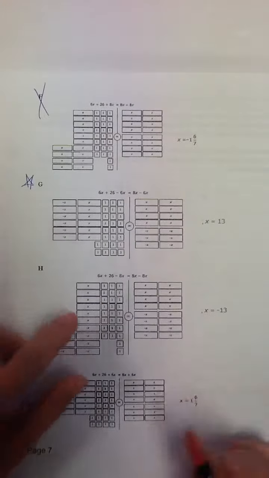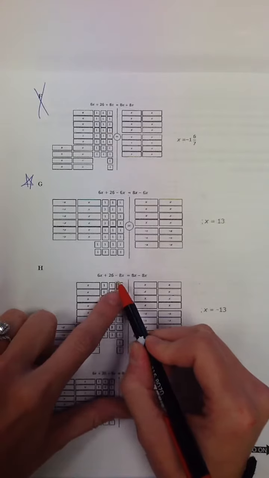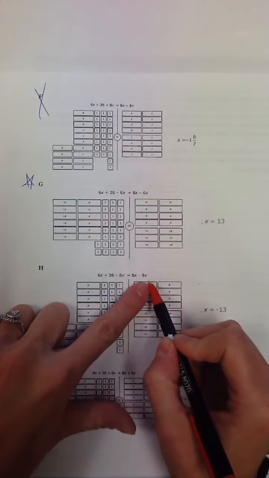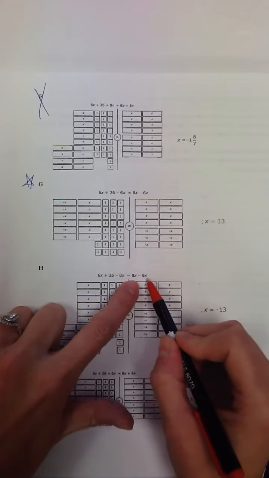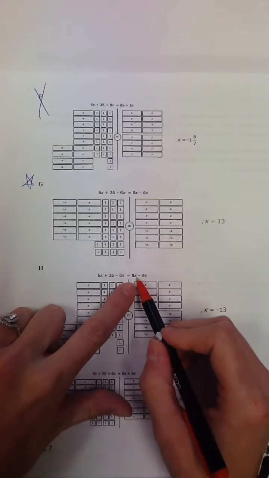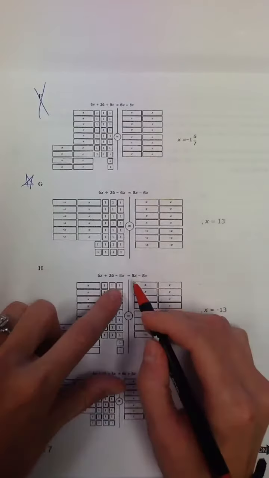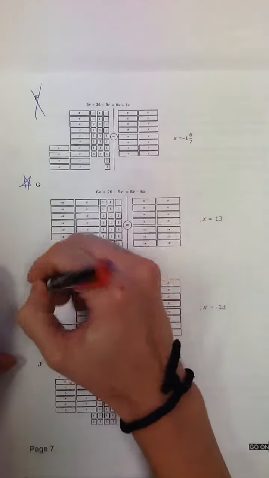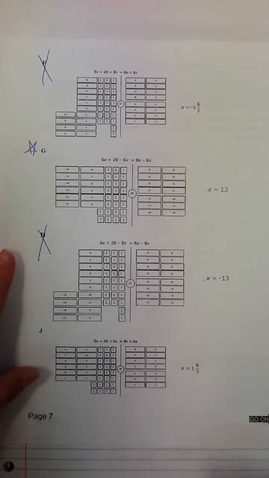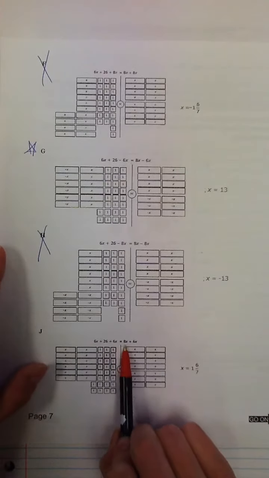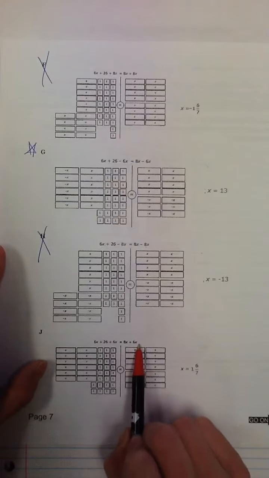Then H, 6x plus 26 minus 8x equals 8x minus 8x. That would be how you would move 8x, but what did we say a second ago? We can't move this, because if we move this, then there's nothing left over there. It's off limits. Then J, 6x plus 26 plus 6x equals 8x plus 6x.